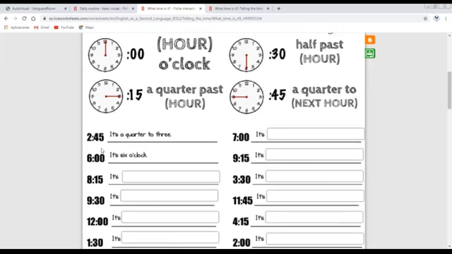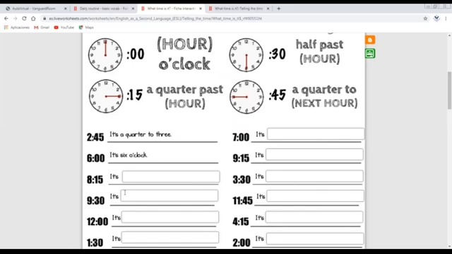So now, you have to look what time is it or what's the time, and then you have to write the correct time, okay? For example, in the first one we have, it's a quarter to 3. In the second one, the answer is, it's 6 o'clock.